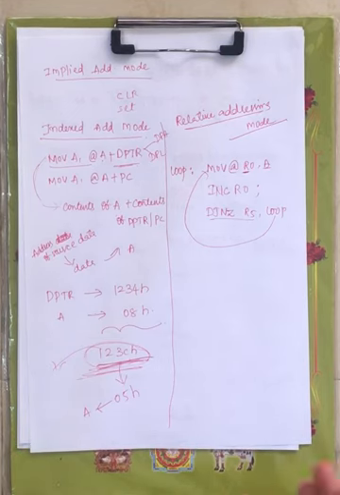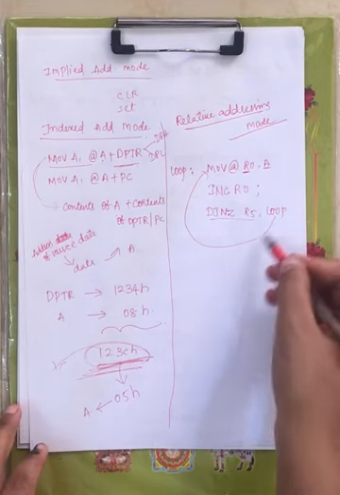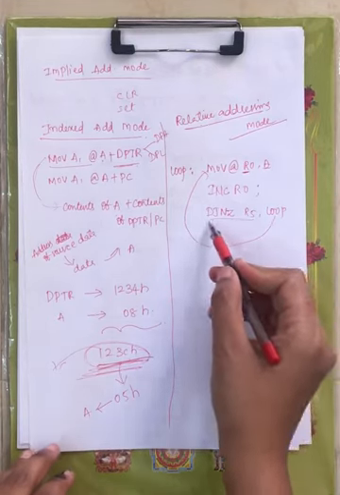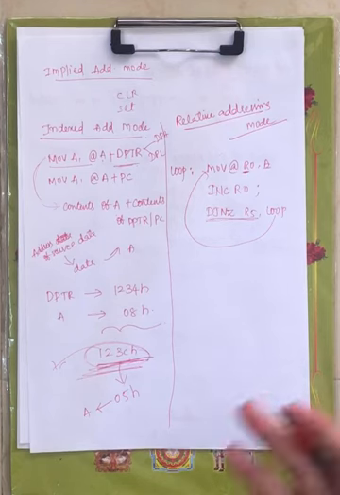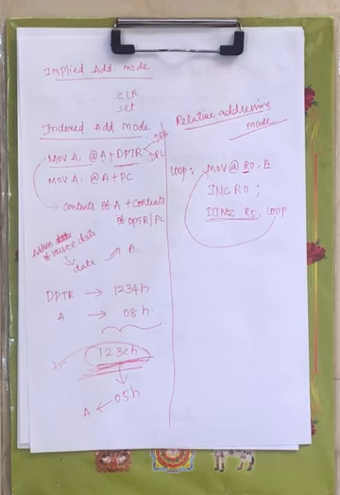Now it is used to take execution control from this place to that place when this condition is satisfied, right? All those sets of instructions come under the relative addressing mode.